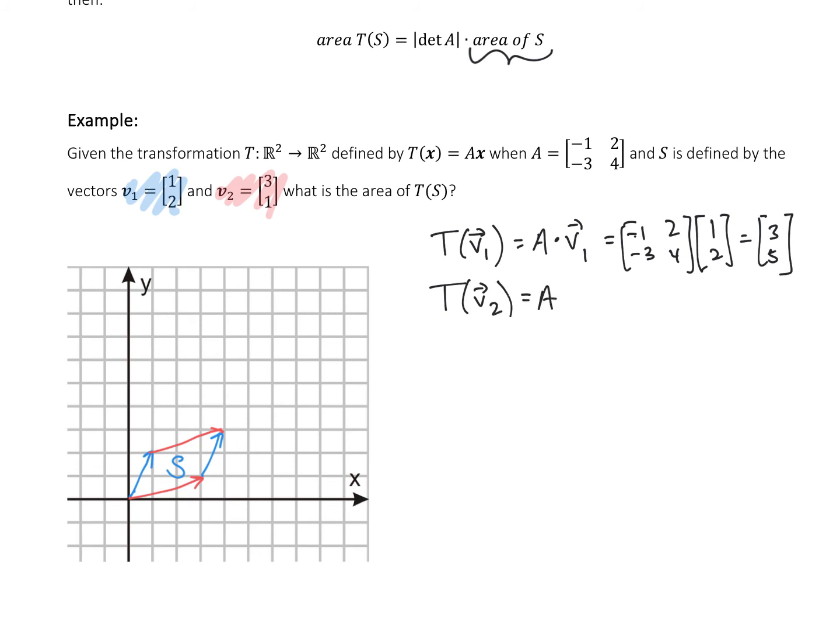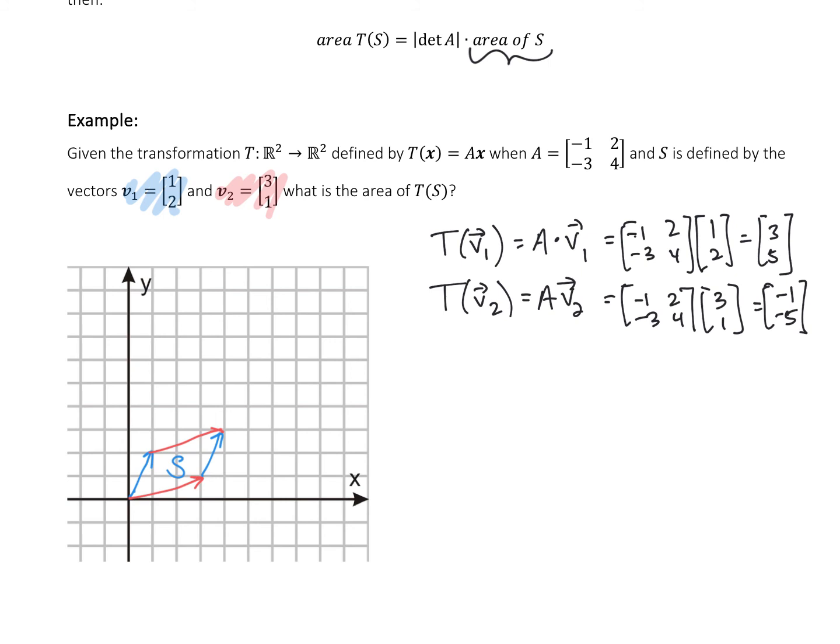Same thing for V2: I'm going to take that matrix times the vector 3, 1, and I'm going to get -1, -5.